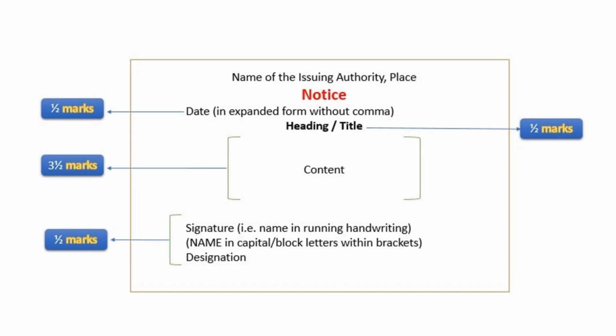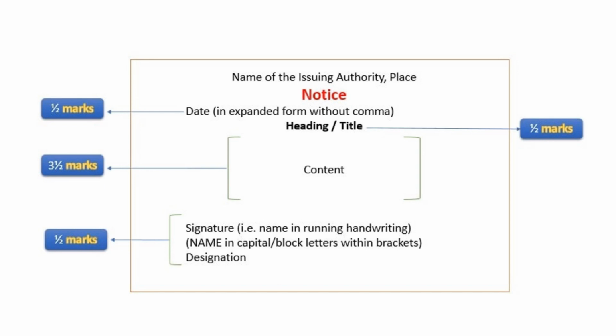It should contain the venue, time and place, and also the aim of writing the notice. It carries 3.5 marks. Then, after completing the body of the notice, you have to write the name of the person who is writing the notice. It should be followed by the signature.